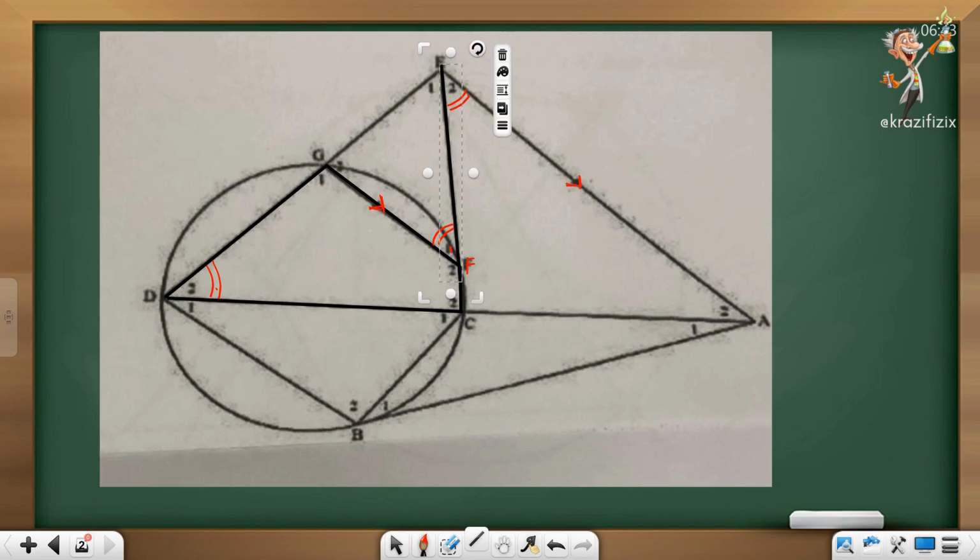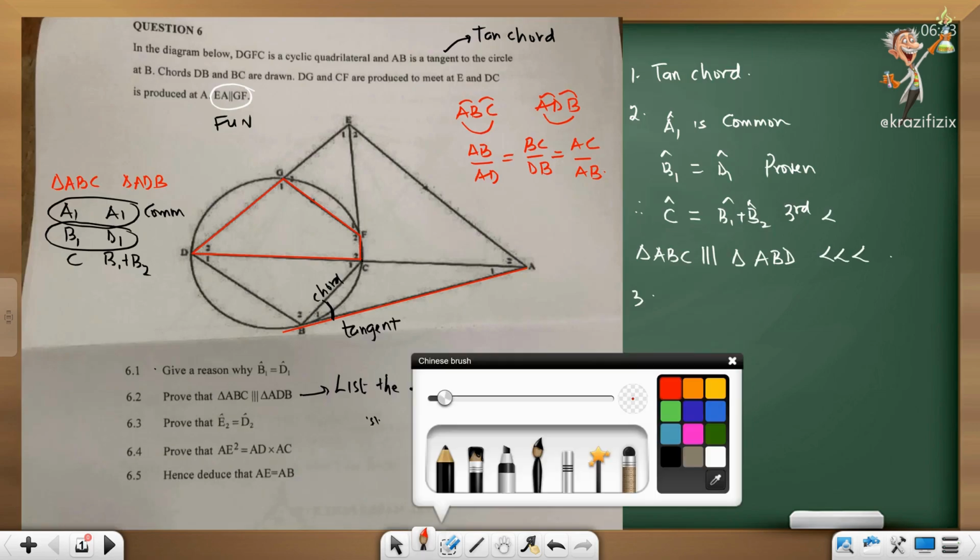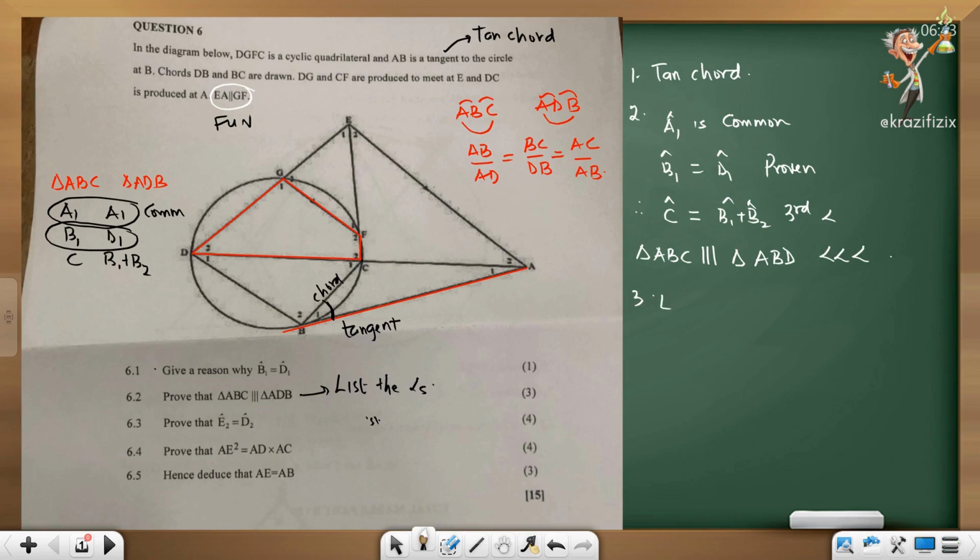All right? And because these two lines are parallel now, I can simply think of alternate. Do you see? This angle is equal to that angle, and that angle is equal to that angle. So both of them are equal to F1. I'm going to write my number 3 now. We are already done there. E2 is equal to F1.